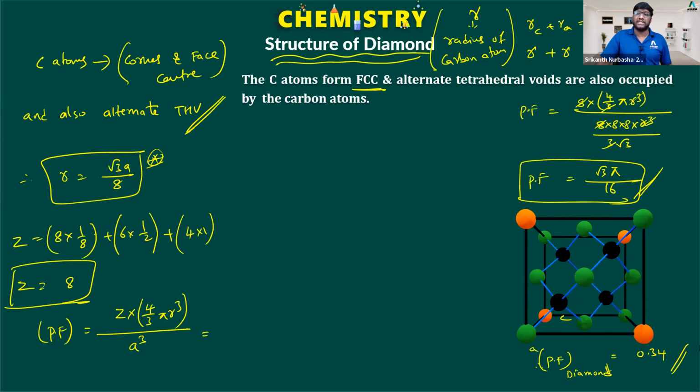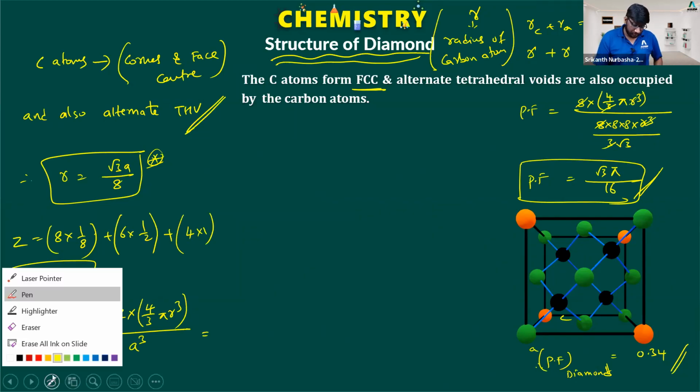There you have cations and anions. Between cations and anions, the electrostatic forces of attraction are present. But here, although 34% is occupied, the structure of diamond is such that everywhere you have covalent bonds. Because of those covalent bonds, the 3D structure has extremely high density and an extremely high melting point.